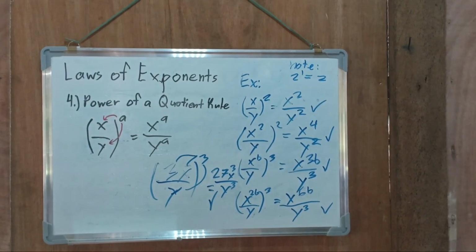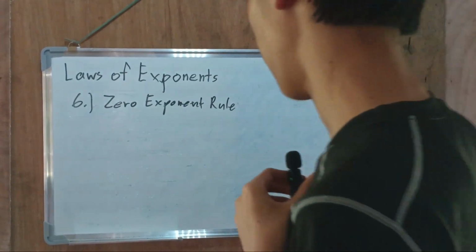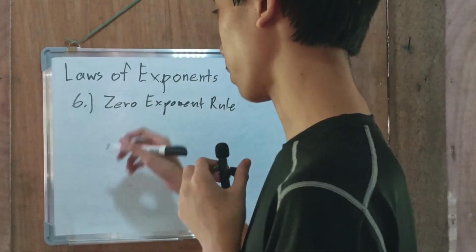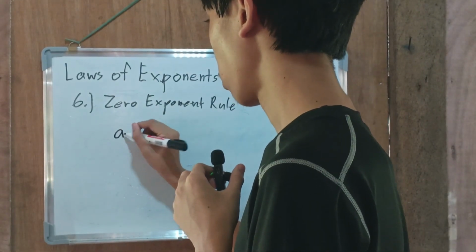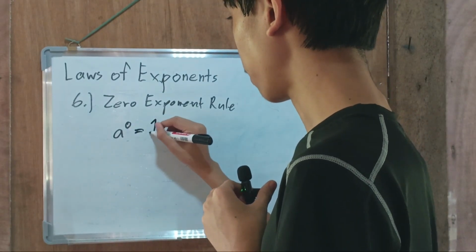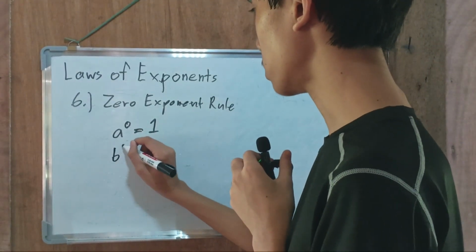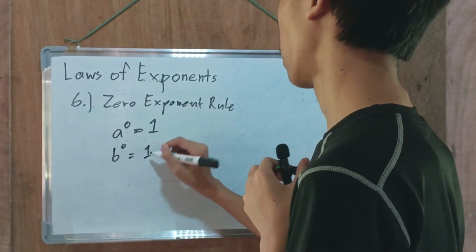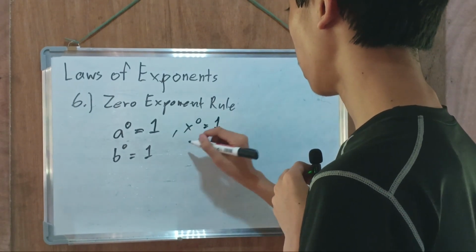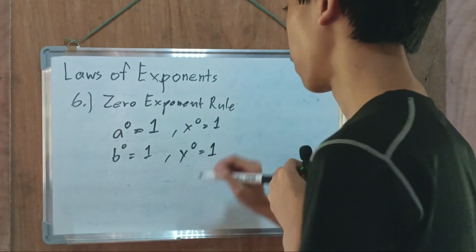The zero exponent rule says that any variable, for example a raised to the 0 power, will always be 1. Actually, it's very easy. You could just memorize this. Or b raised to the 0 power equals 1. x raised to the 0 will be 1. And then y raised to the 0 power would be 1.